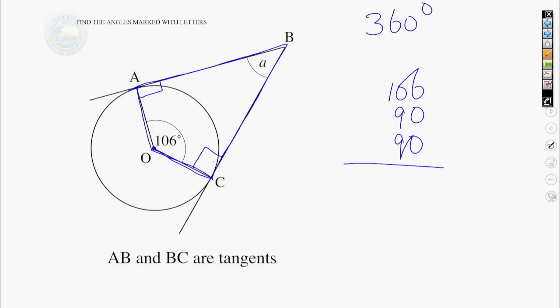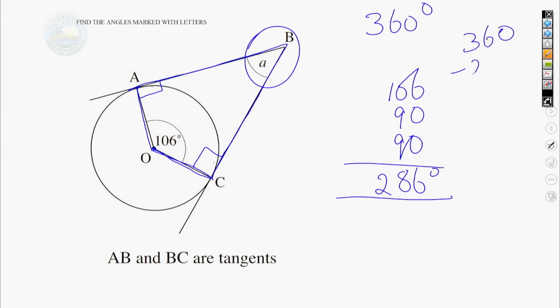So far, we've accounted for 286 degrees of the interior angles, which means the remaining piece must be the difference between 360 and 286. So let's go 360 minus 286. If you're not too sure, you work your numbers, you get 4, you get 2, you get 7. Your answer should be 74 degrees.